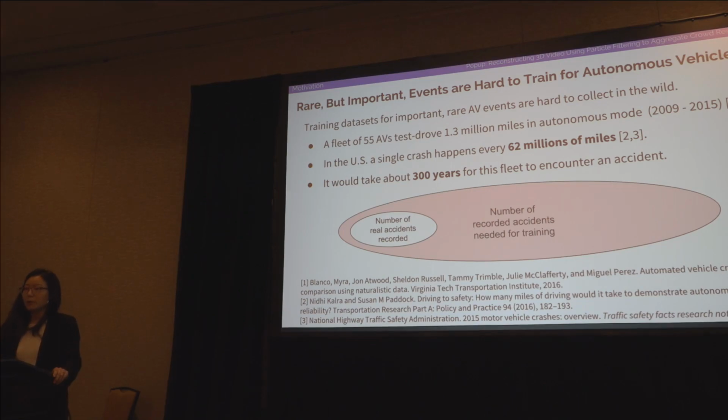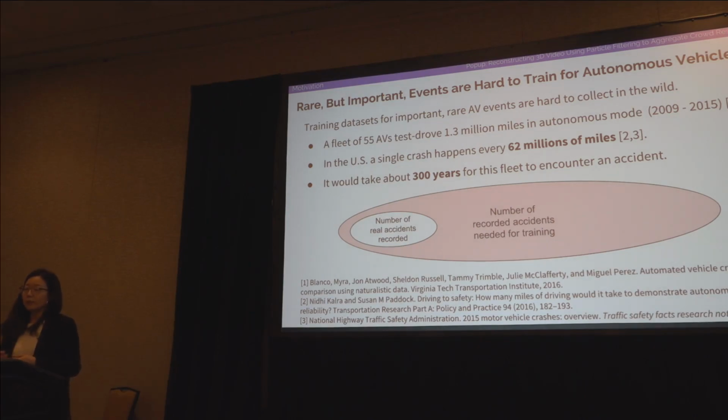However, for important but rare events such as car crashes, it's very hard to collect these 3D datasets in the wild. For example, Google had a fleet of 55 autonomous vehicles test driven for about 7 years, and they drove a total of 1.3 million miles.